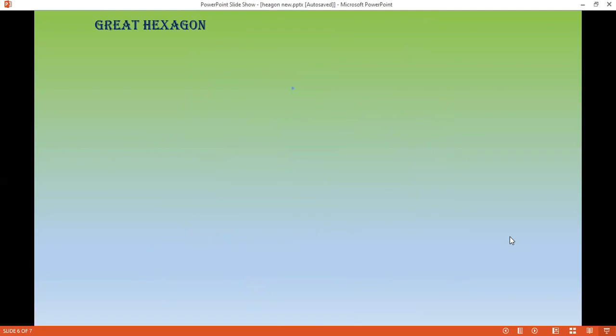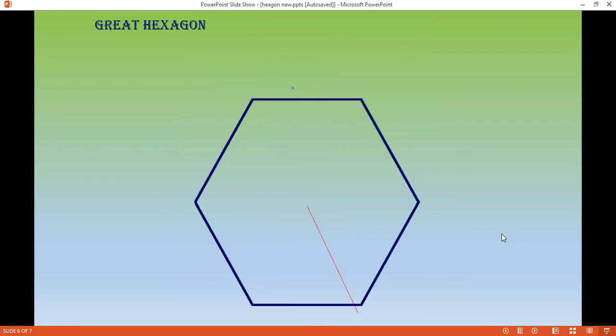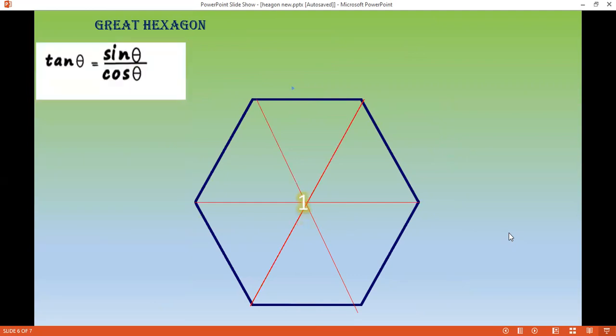What is our setup? Our setup is first setting up the great hexagon, right? After fixing the hexagon, we draw the diagonals and keep the center at 1, and we take our great formula. What is that? Tan theta is equal to sin theta upon cos theta.